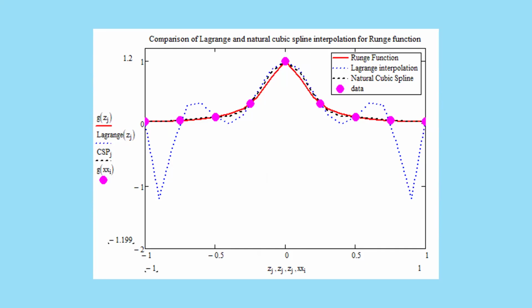On the other hand, the black curve, which represents the natural cubic spline, is a piecewise local interpolation. It produces smoother and more stable approximations and follows the true function more closely. This example demonstrates that cubic splines typically offer better accuracy and stability than using one high degree polynomial over the entire interval.